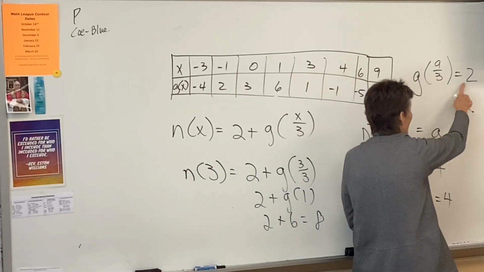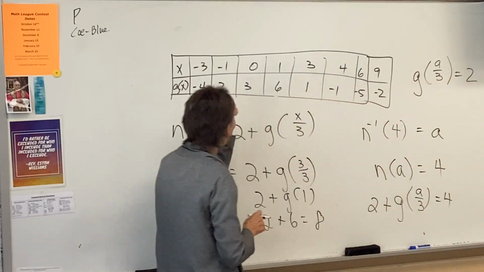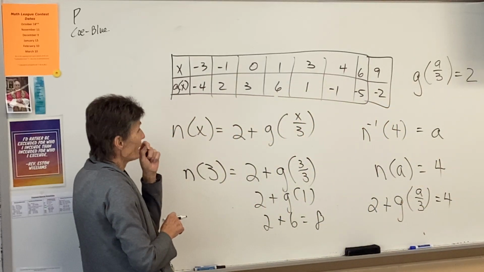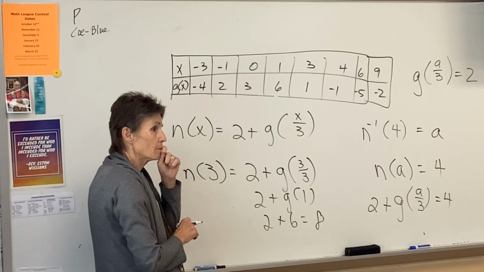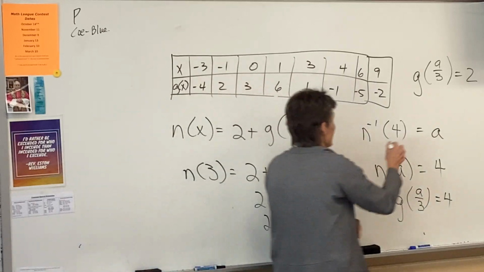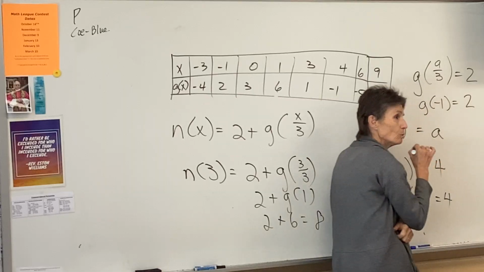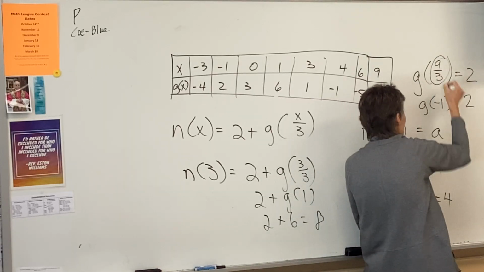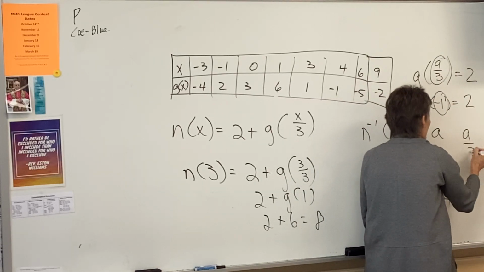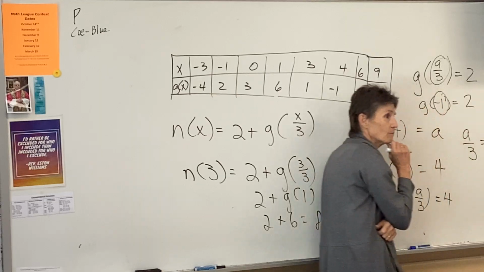G of what equals 2? Let's look in the table. G of what equals 2? Since g of negative 1 equals 2, doesn't that mean that A over 3 has to be negative 1?